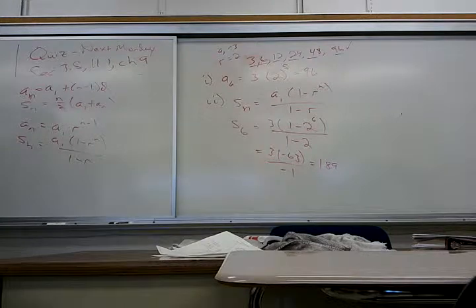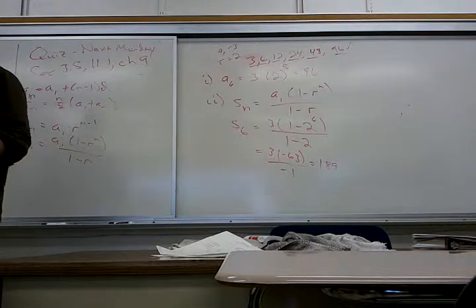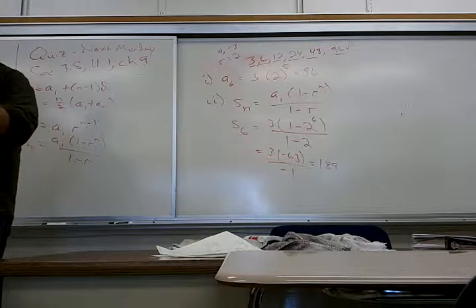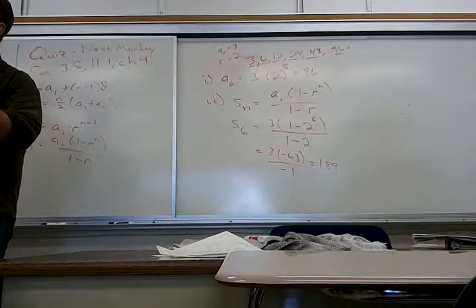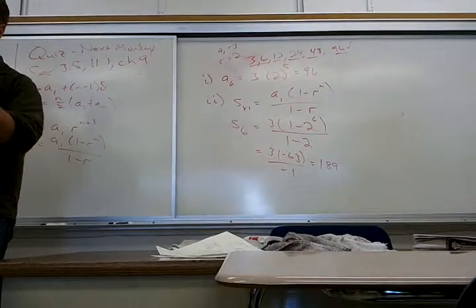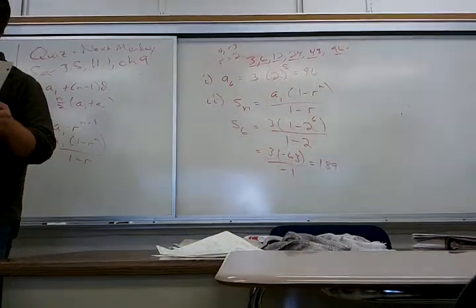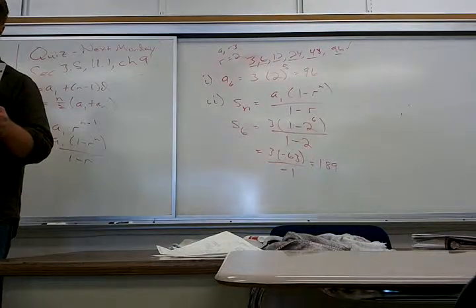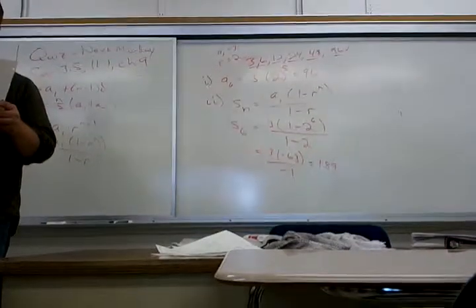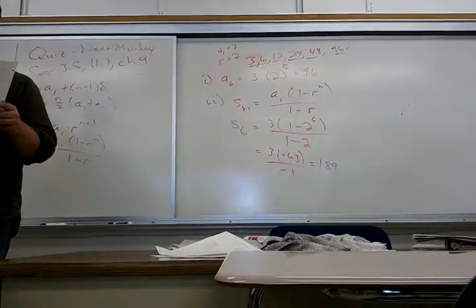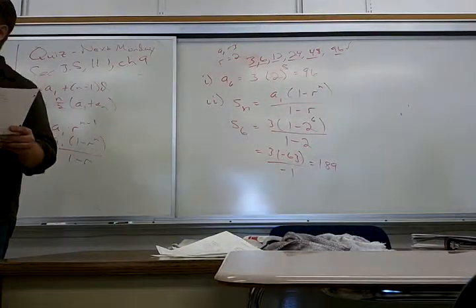Okay, I just want to make sure I understand. The only time I use this one is when we're looking for a ratio. This is for a sequence where you're adding something. This is for a sequence where you're multiplying. So here I was multiplying by 2, so I need to use this. If it was just adding 2, like 3, 5, 7, 9, that's adding.